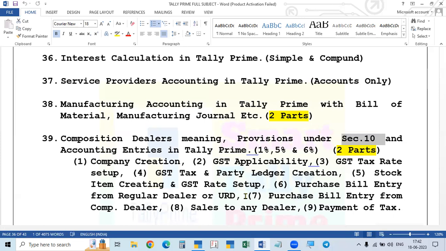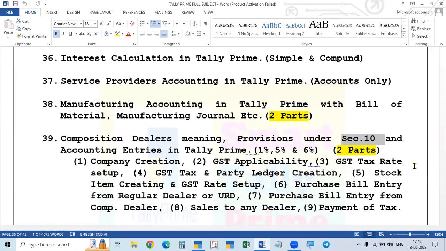If any dealer or trader sells goods through e-commerce operators, they cannot take this composition scheme. And then there are some people called casual taxable persons.